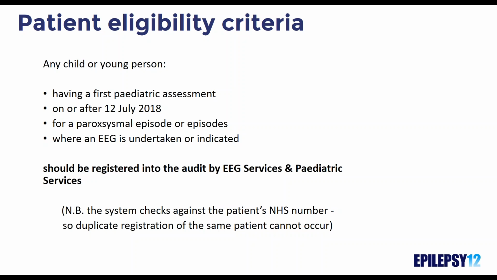So it's a very distinct group of children defined by the fact they've had a first paediatric assessment where paroxysmal episodes are considered. And once children meet those criteria, then those are children that can be entered into the web platform.